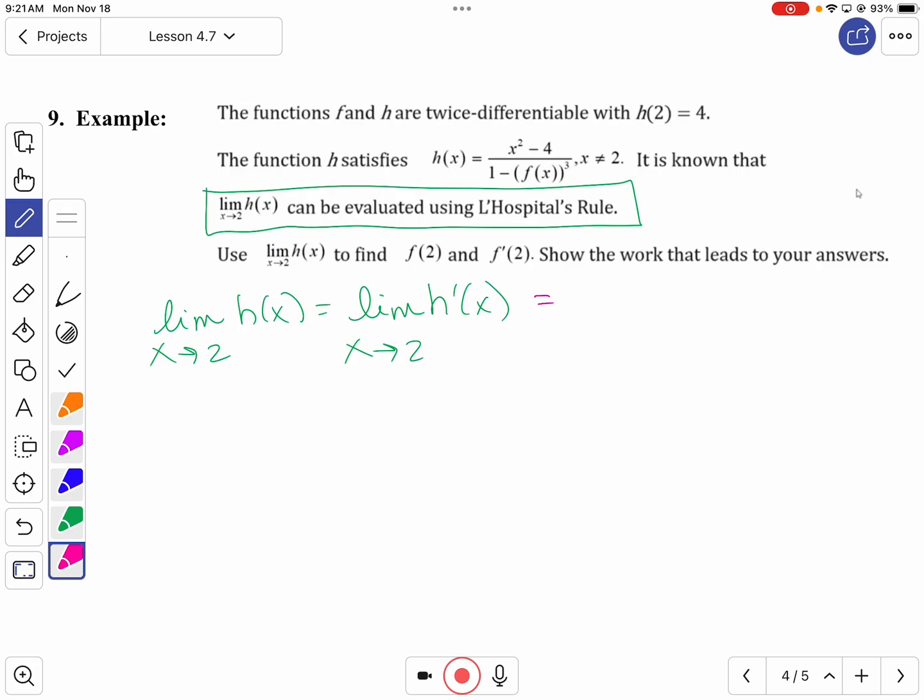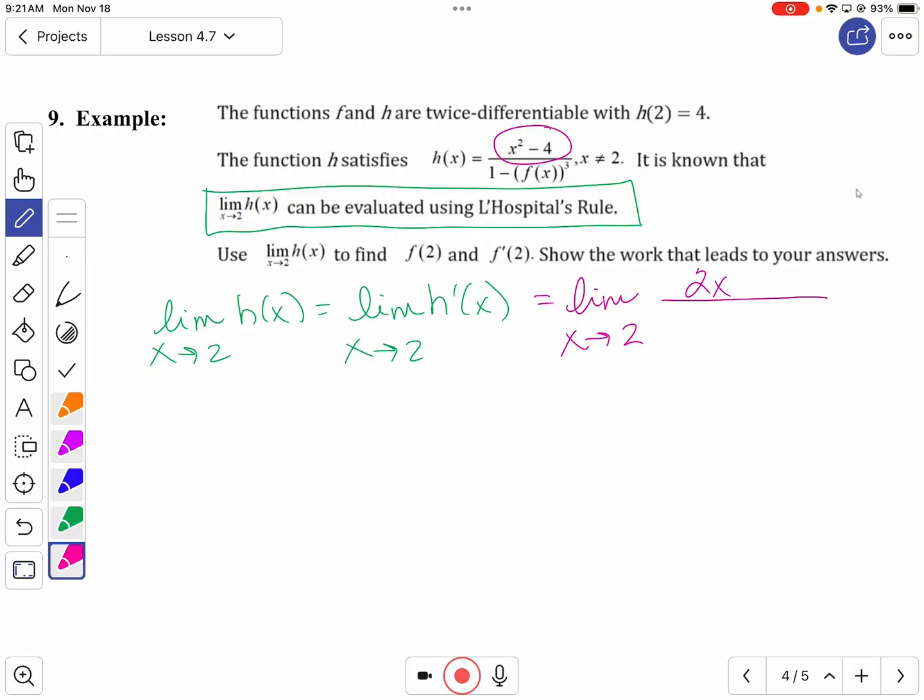So this would equal the limit as x approaches 2, right? Derivative of the numerator would be what? 2x. It's L'Hopital, so I'm not doing a quotient rule. I'm doing derivative of numerator and derivative of denominator. So that's where that gets a little bit confusing.